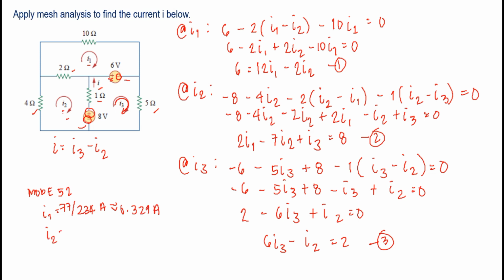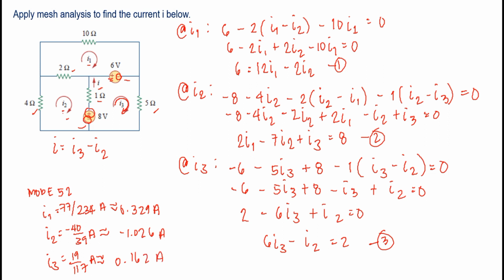Then for I2, we have negative 40 over 39 ampere, also equal to negative 1.026. And for I3, we have 19 over 117, approximately equal to 0.162 ampere.